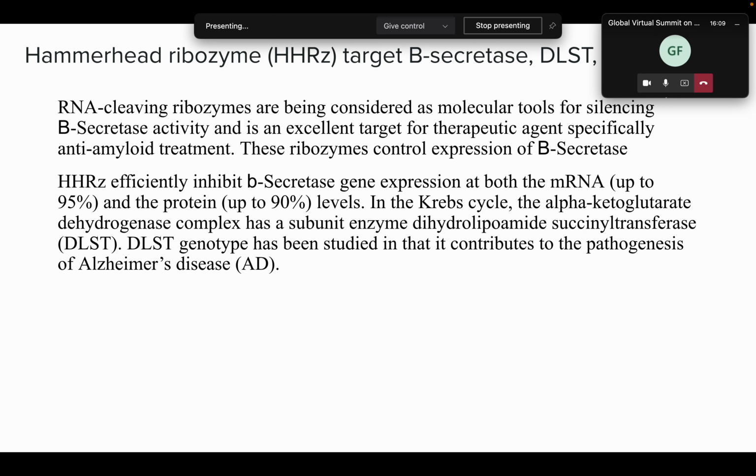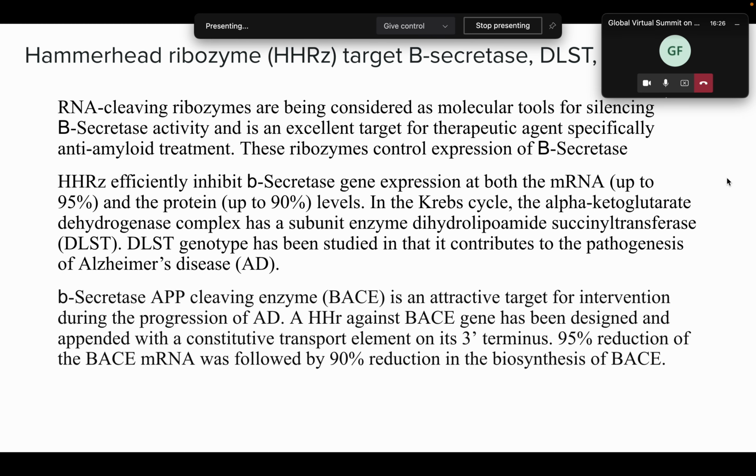And in the Krebs cycle, you have the alpha-ketoglutarate dehydrogenase complex that has a subunit enzyme, DLST or dihydrolipoamide succinyltransferase, and this genotype has been studied to contribute to the pathogenesis of Alzheimer's disease.